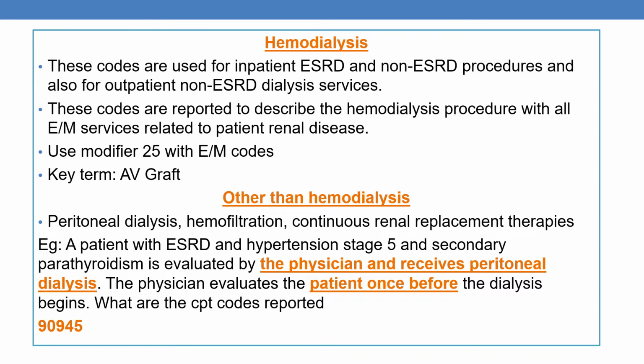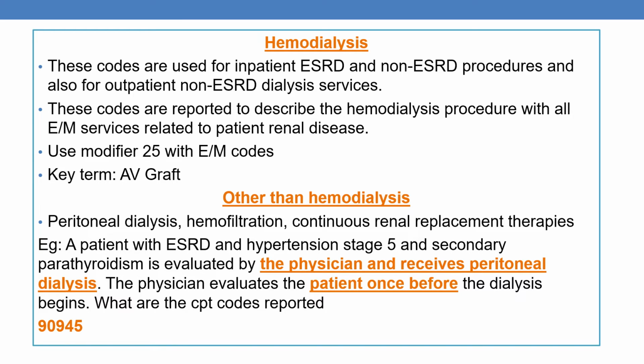Now, coming to guidelines, these codes are used for inpatient end-stage renal disease patients and non-ESRD procedures, and also for outpatient non-ESRD dialysis services. ESRD is nothing but end-stage renal disease.